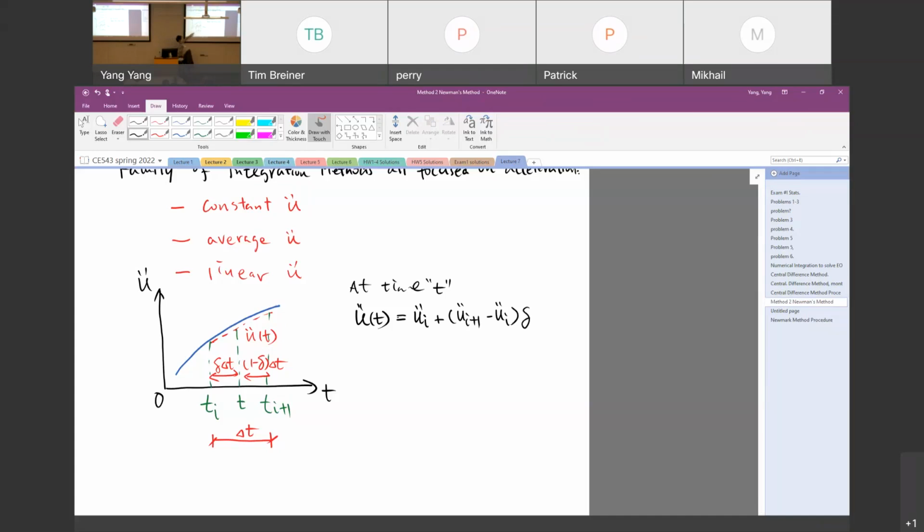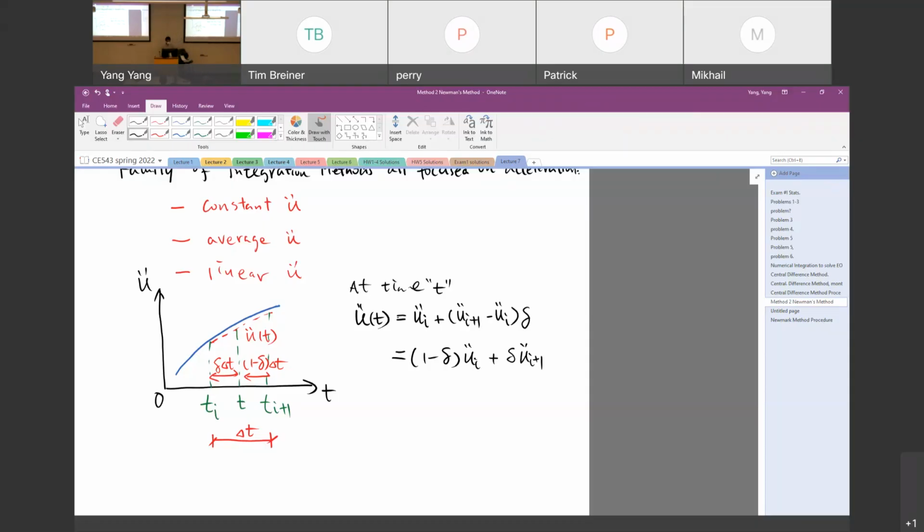At an arbitrary time t, the acceleration can be expressed as a linear interpolation of the acceleration at time Ti and time Ti plus one.